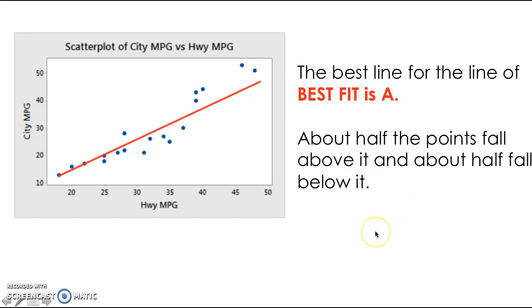Well, about half of the points fall above it and about half of the points fall below it. We are making sure that when we look at our line of best fit, we see how many points plotted on our scatter plot fall above and below, and when we estimate a line of best fit, we want to make sure that there is an equal number above and below. So go ahead and pause this for 30 seconds and let everyone copy that down.